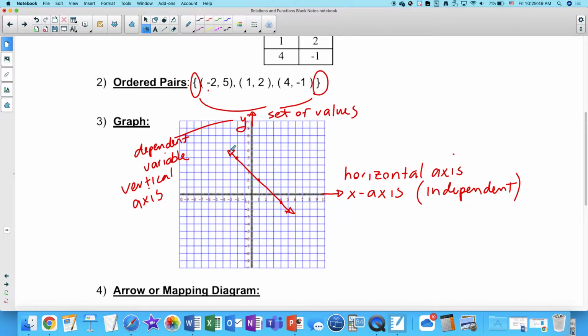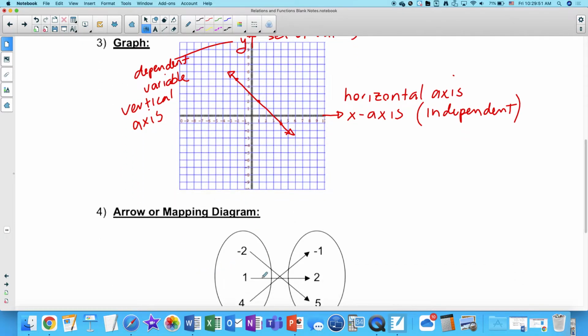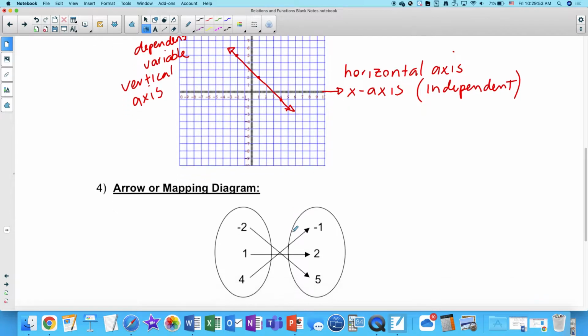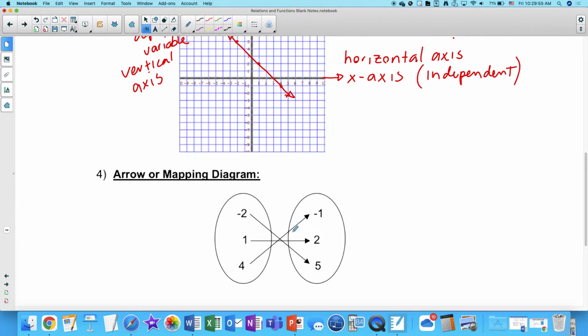All right. Arrow or mapping diagram. So this is probably one you haven't seen before. And this basically consists of two bubbles. The bubble on the left is your independent variable. So this should be labeled. And this one is your dependent variable, just the same as ordered pairs or table of values. Independent on the left, dependent on the right.